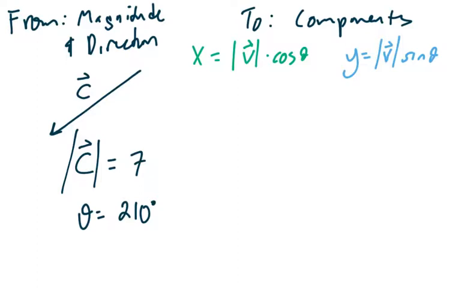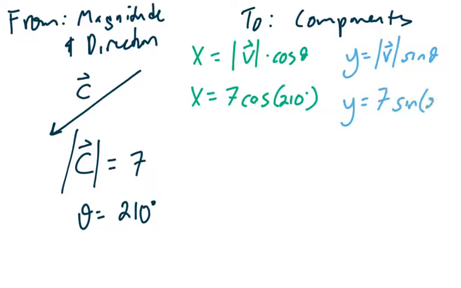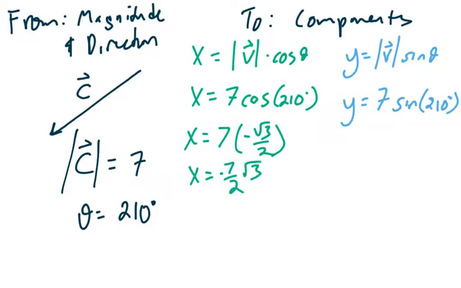It's fine. So plugging these in, I've got x equals 7 times cosine of 210, and y is 7 times sine of 210. So in this case, x is 7 times negative rad 3 over 2, which would just be some sort of ugly fraction: negative 7 over 2 rad 3.